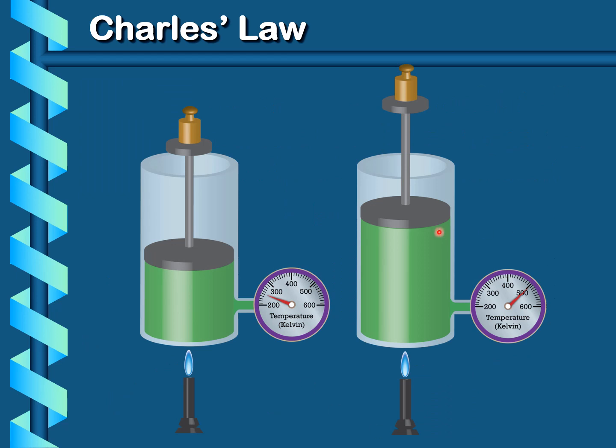This is an illustration of the relationship between volume and temperature. The first picture shows us the volume of a gas at a temperature of about 250 Kelvin, with the volume at about the middle of the container.